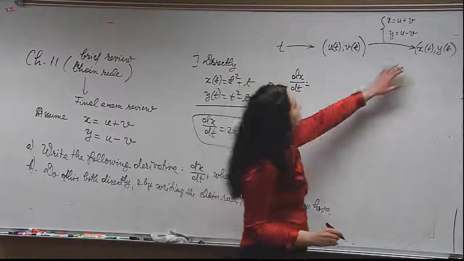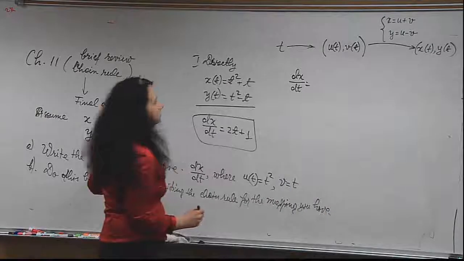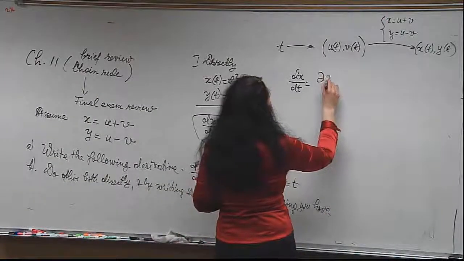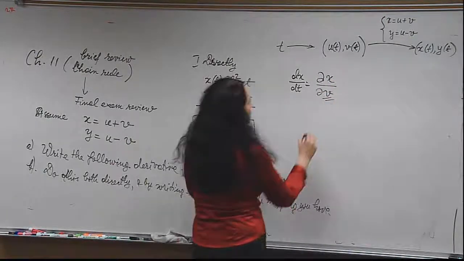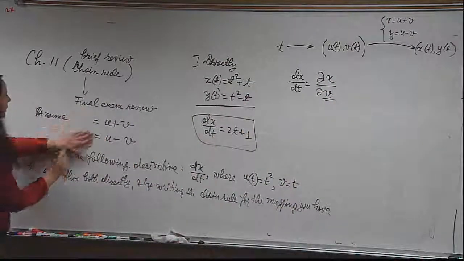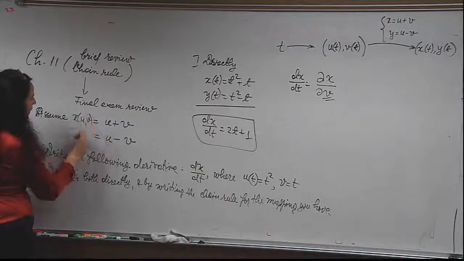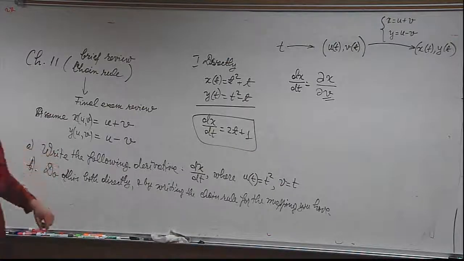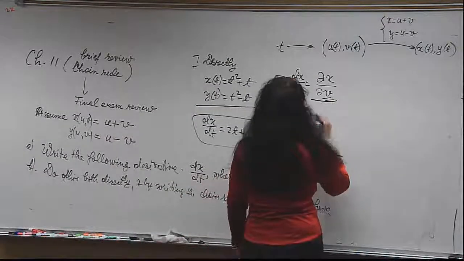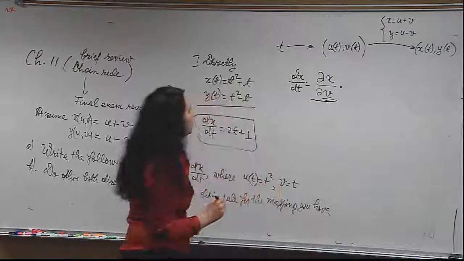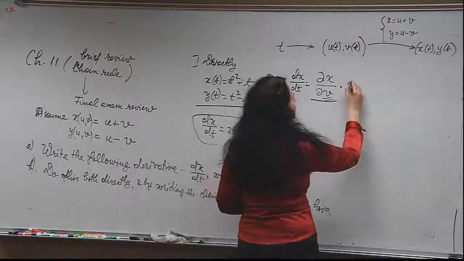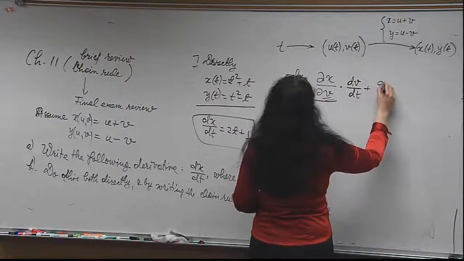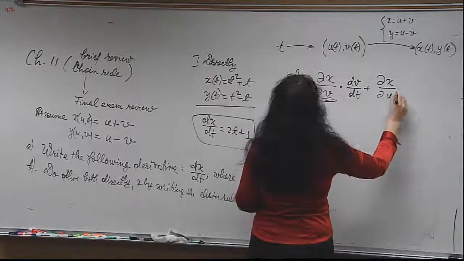Well, x is a function of u and v, right? So first you say dx dv, which means you do it with the first variable. I'll write it for you to see better that initially your x and y were functions of u and v. Times dv dt, plus dx du, du dt.